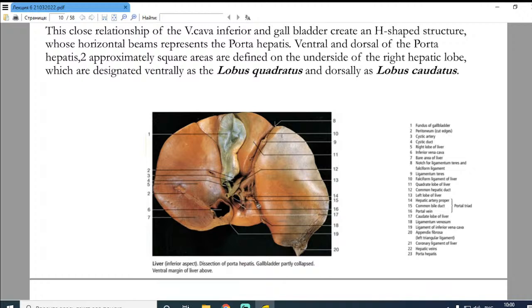Ventral and dorsal to the porta hepatis, two approximately square areas are defined on the underside of the right hepatic lobe, which are designated ventrally as lobus quadratus near the gallbladder, and lobus caudatus.